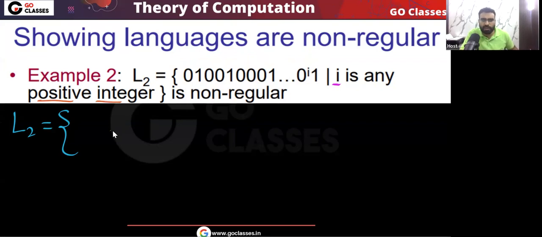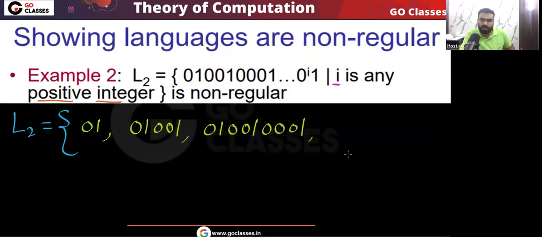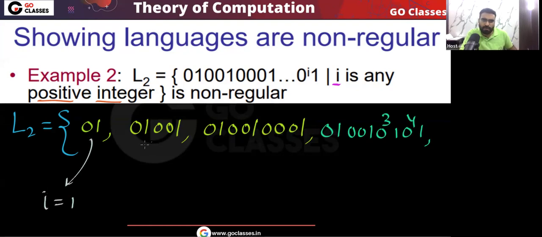If I put i equal to 1, I will get this string 01. If I put i equal to 2, I will get 01001. If I put i equal to 3, I will get 01001001. If I put i equal to 4, what will I get? I will get 01001 0 power 3 1 0 power 4 1, like this. I hope you are getting the point.